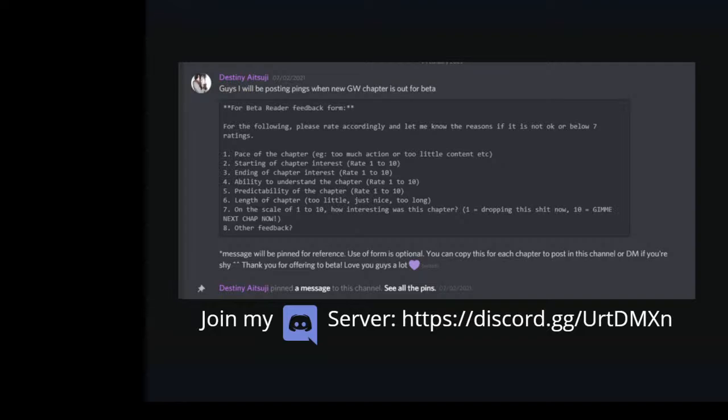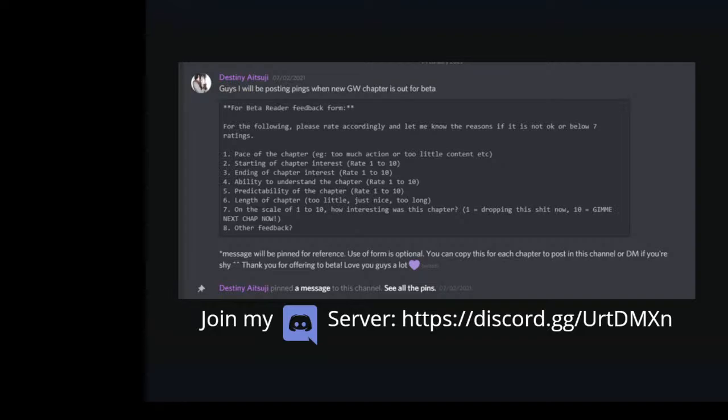I usually ask my beta readers to rate on a scale of 1 to 10, with 1 being, oh no, this is pure trash, and 10 being, I need this god-standard stuff right now. So it's two kinds of polarities. Anything below a 7 for me is considered a fail.